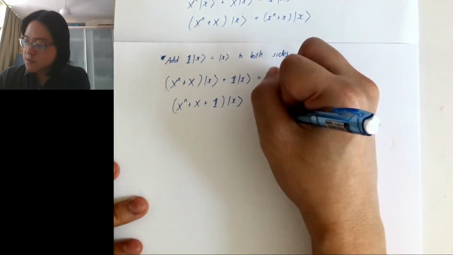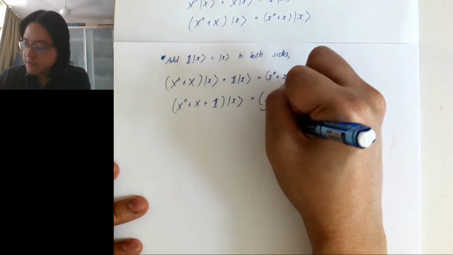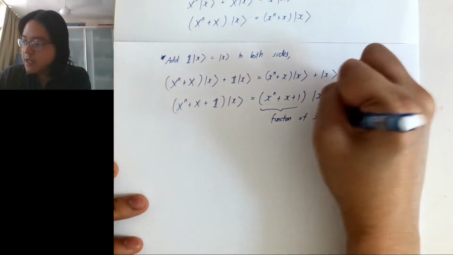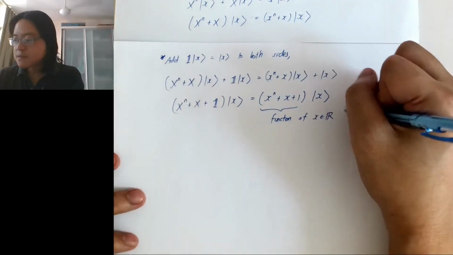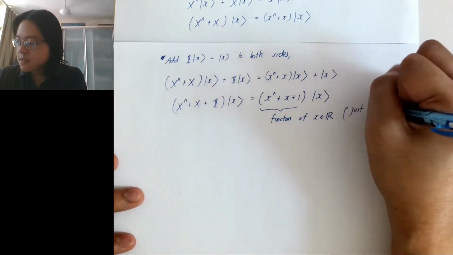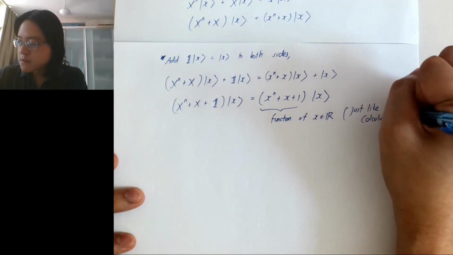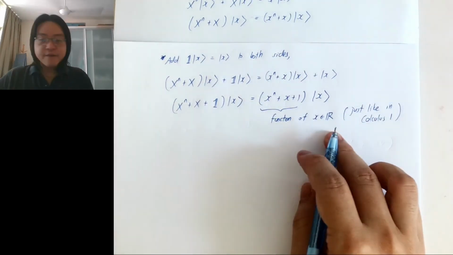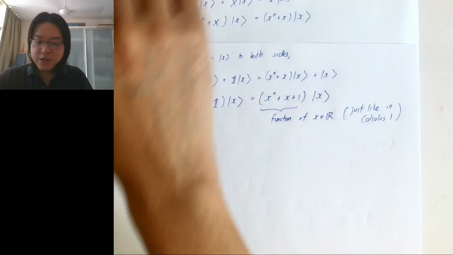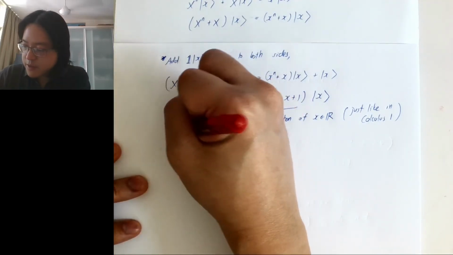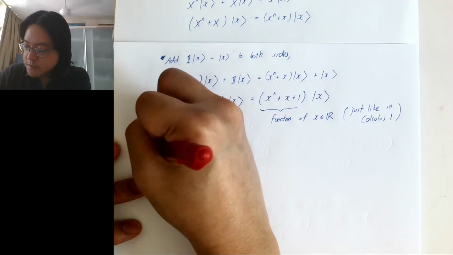So this is a function of x, of real number x, like your calculus function, just like in calculus 1. But this is the new thing over here. This is what we call the operator valued function.